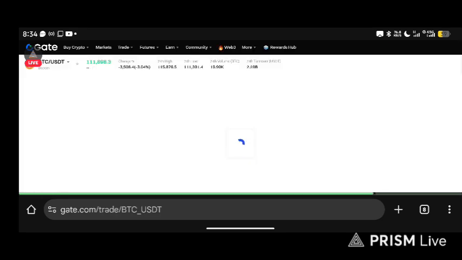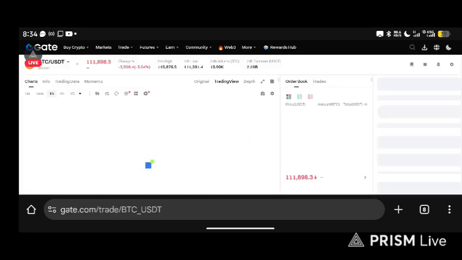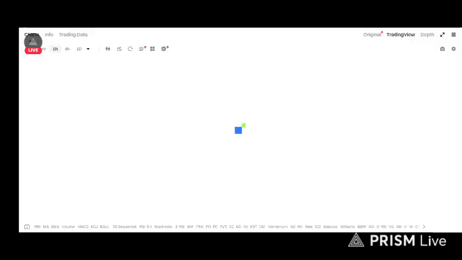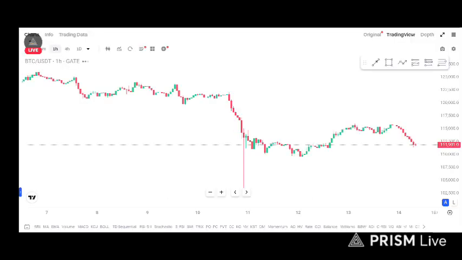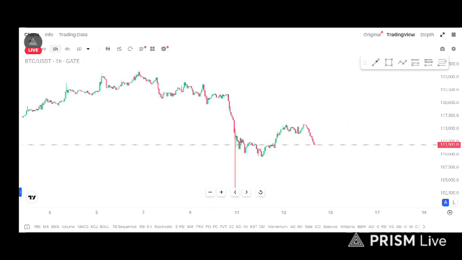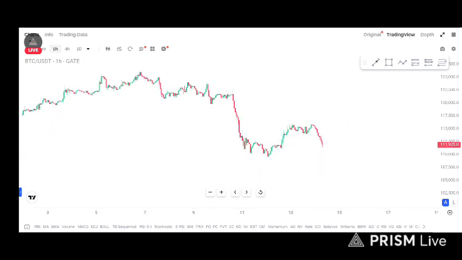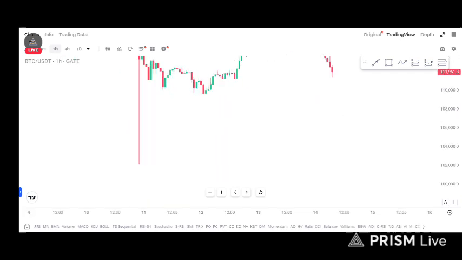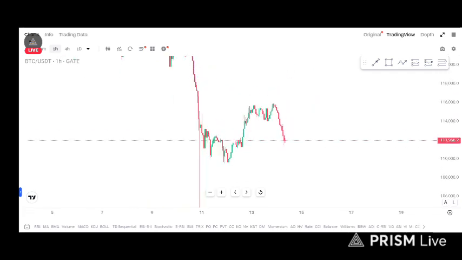Let me open the chart so you guys will be understanding me properly. So we are opening the BTC chart. This is the BTC chart, and what you are seeing now is what you call price action, the movement of this market.